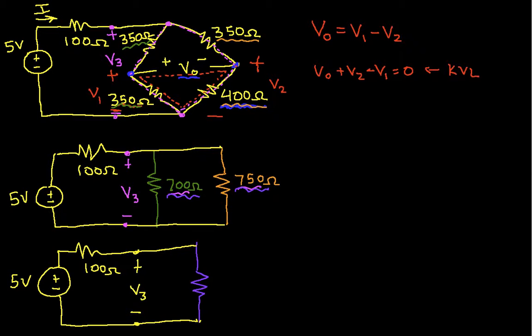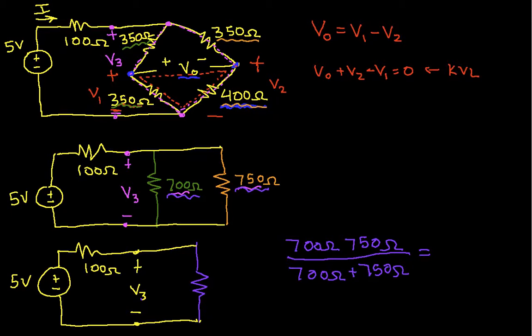Well, I need to figure out what the resistance of this resistor is. And I do that using the formula for parallel resistors, which will be 700 ohms times 750 ohms divided by 700 ohms plus 750 ohms.